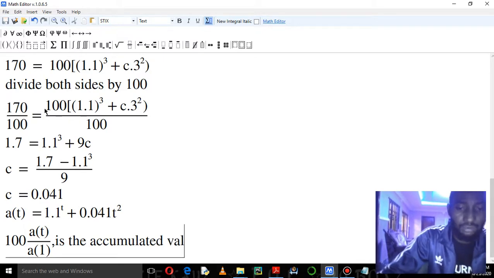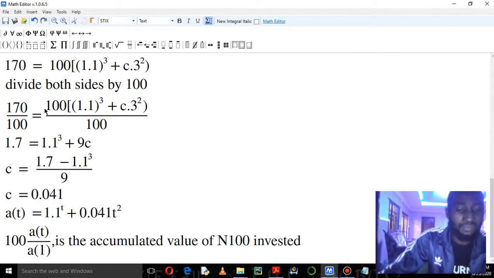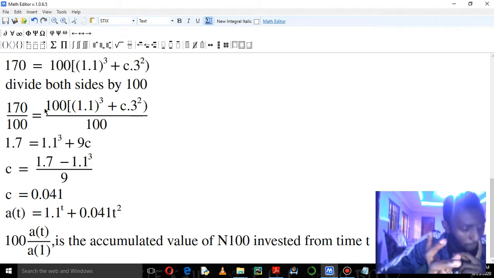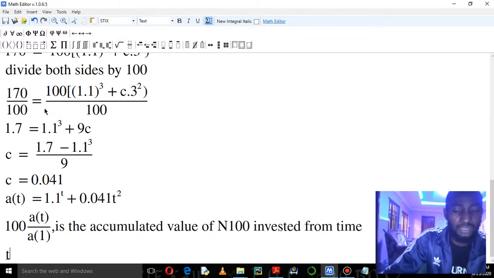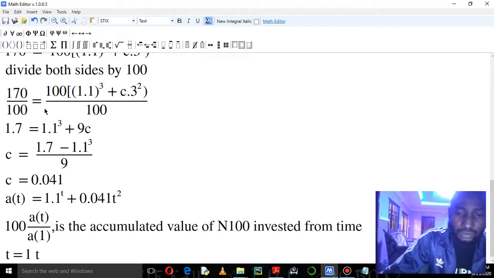This will be the accumulated value of 100 naira invested from time t equals 1 to time t, where t is greater than 1.